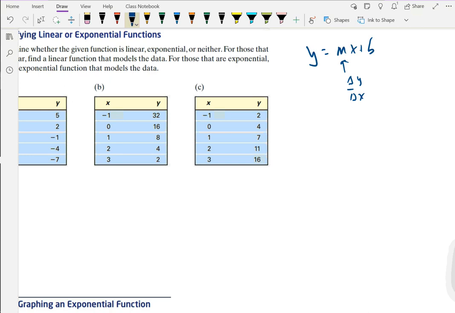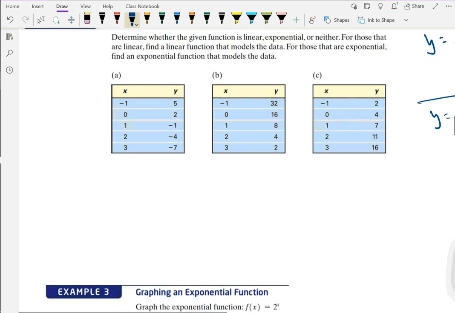So for every so many changes in y, we have so many changes in x, and so forth. When we have y equals a b to the x, then we have our exponential function. Notice again in the linear, x was listed as a base. In the exponential, x is listed as the exponent.